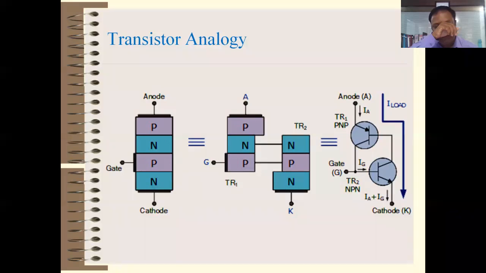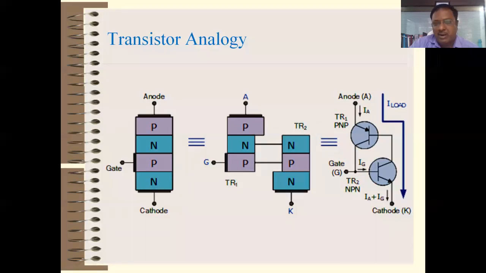I'll share one video after this lecture. In that video, you will see why SCR was developed when BJTs and other devices are present. If you see a power BJT, a MOSFET, or an IGBT, which we already learned, the current through the device is controlled with the help of the gate. But the gate signal should be present permanently.